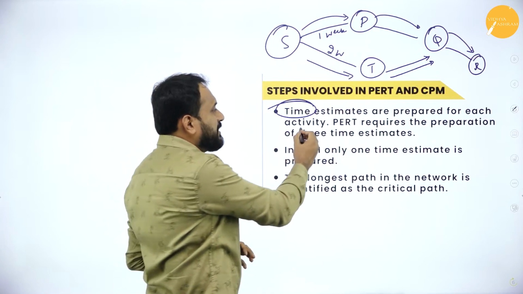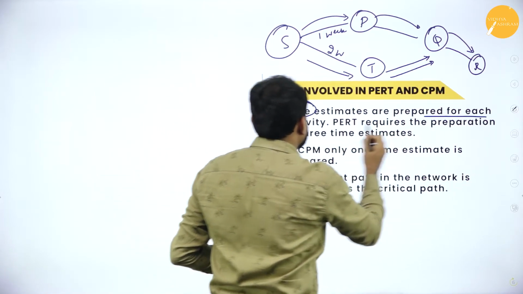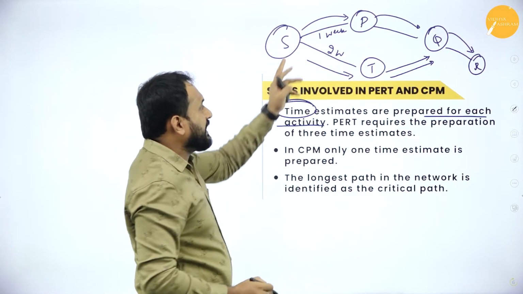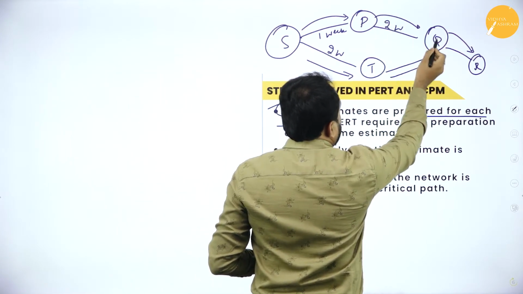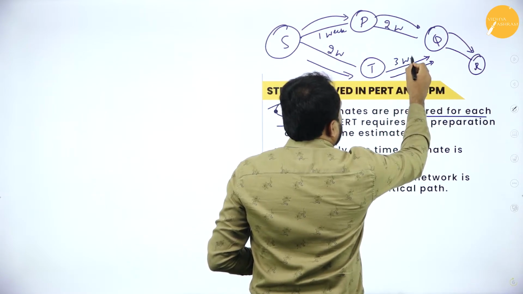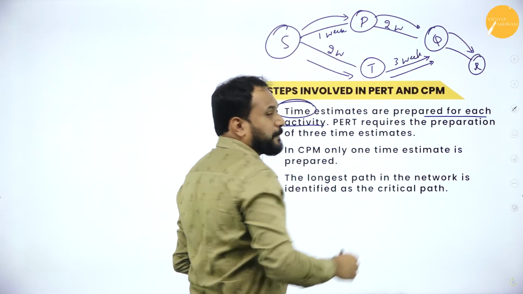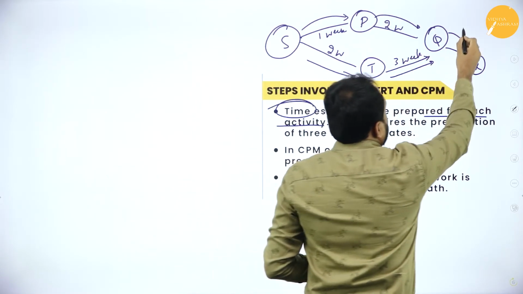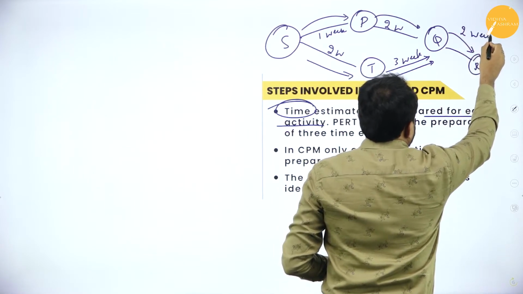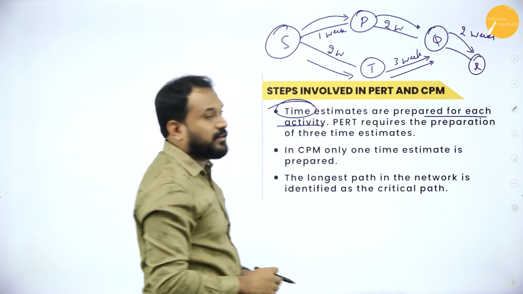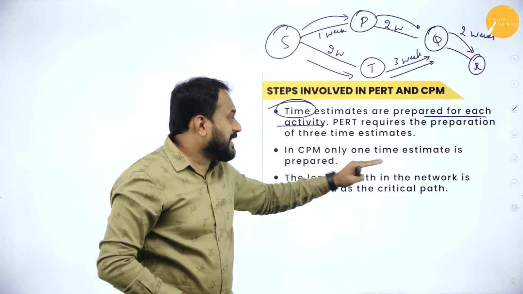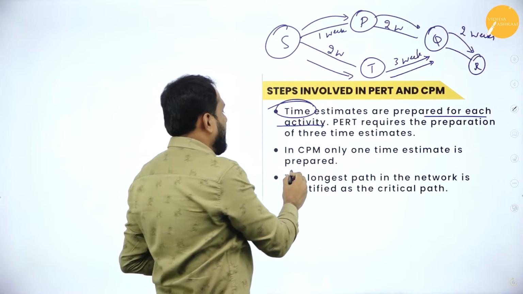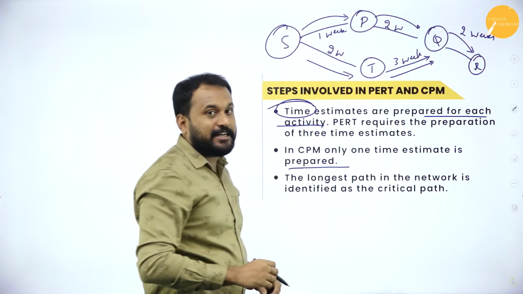So here, time estimates are prepared for each activity. That means for each activity you are supposed to give a time. Here 2 weeks to complete Q, here say 3 weeks to complete T, here we have Q, 2 weeks to complete R. Now understand, the next point is that in CPM only one time estimate is prepared.